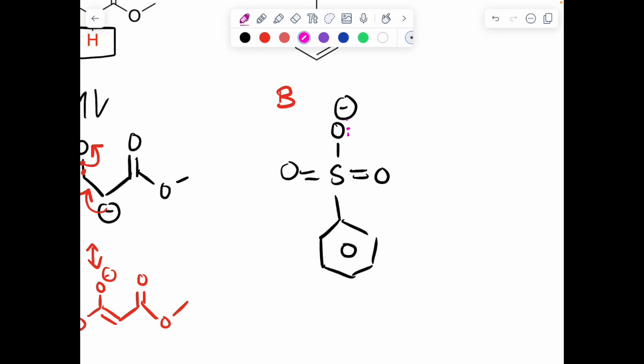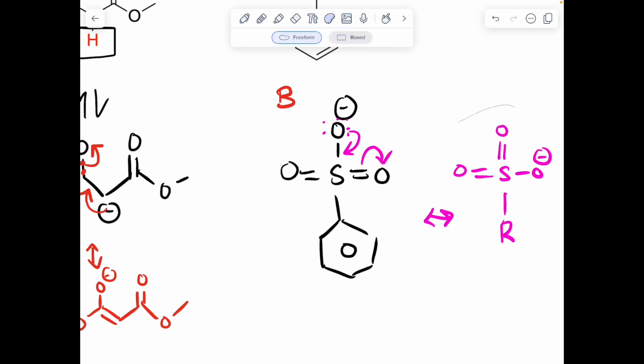So here we have an O minus. We can go 2 in, 2 up. You can draw a resonance structure, and the minus will change to that oxygen. And then we can also draw another resonance structure.